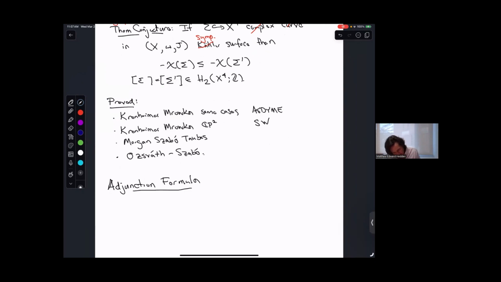adjunction formula, which is more or less just the Whitney sum formula for characteristic classes, in this case the Chern classes, which gives us a genus formula for complex curves.